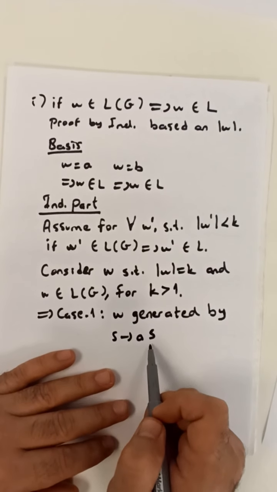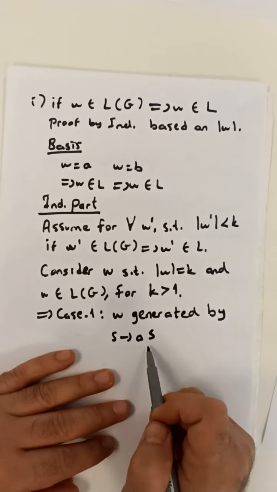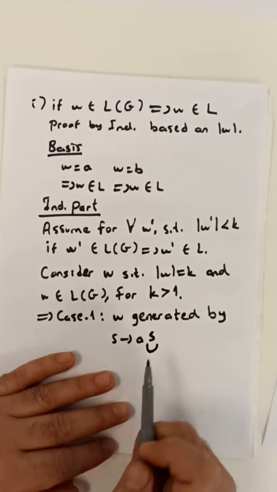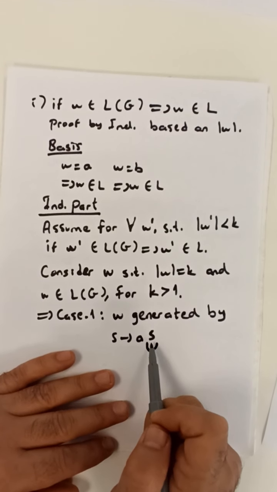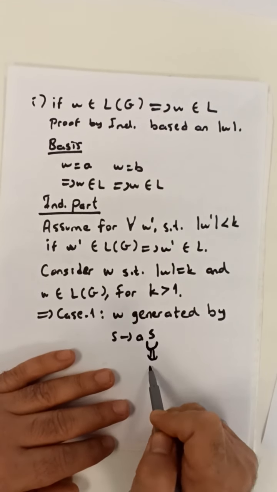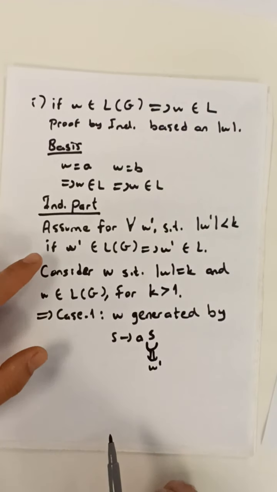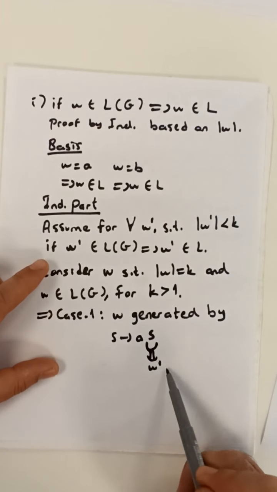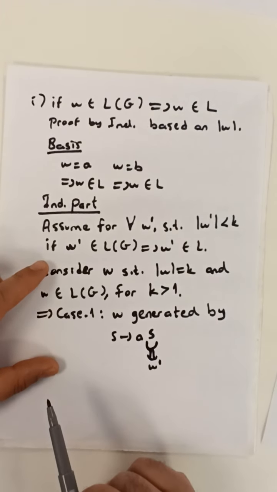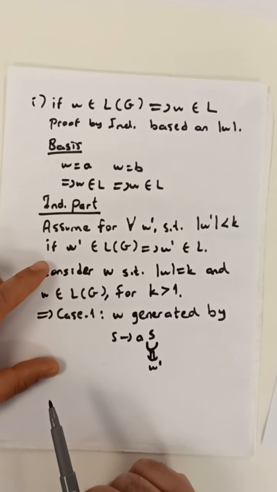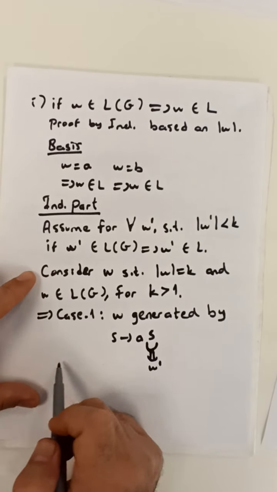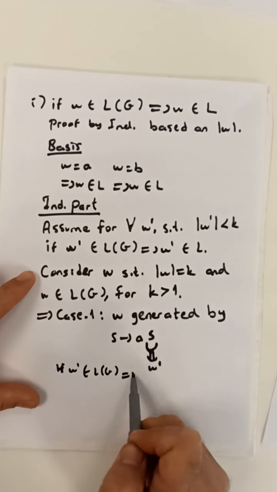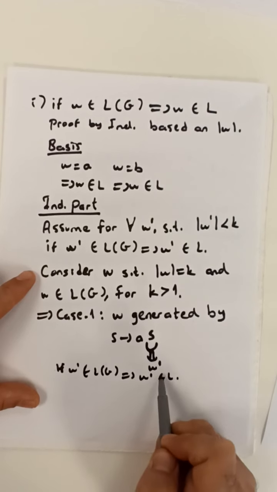If W is generated by this rule, then we can apply our inductive hypothesis to the variable S in here, such that this S can generate this W prime, and if W prime belongs to the language of the grammar, then W prime must belong to the language definition. Now, if W prime is in L(G), then we know that W prime belongs to our language.